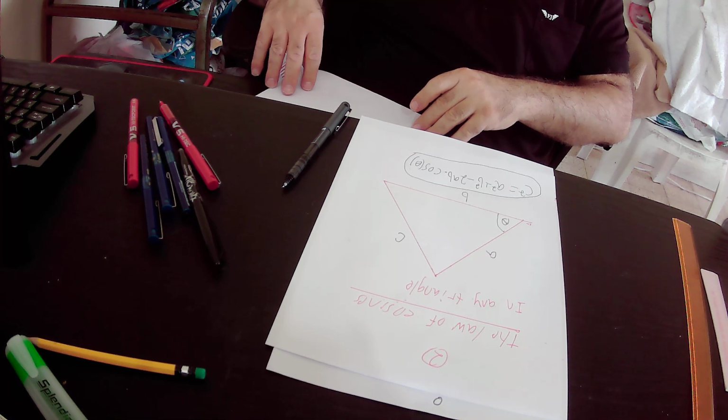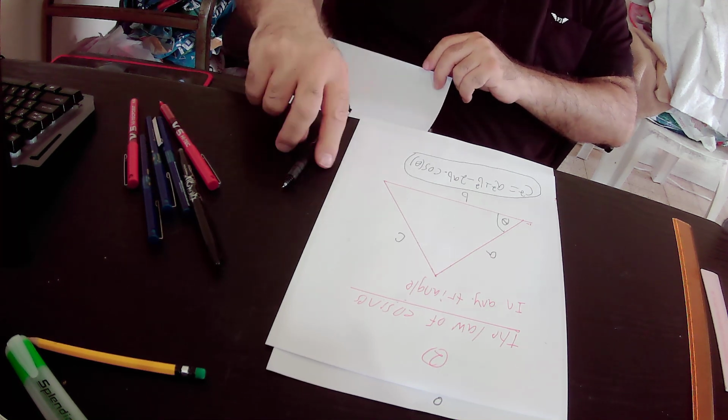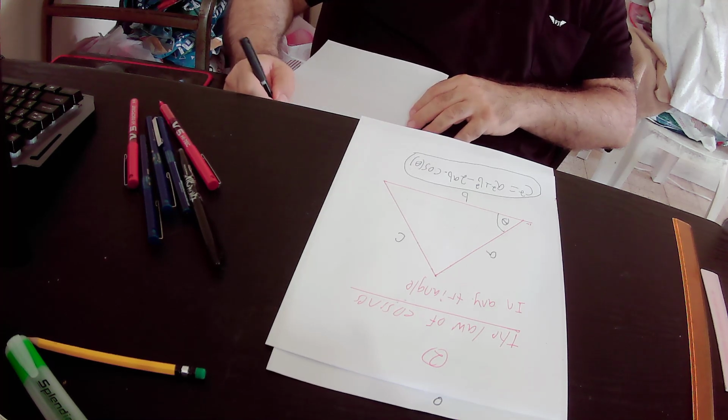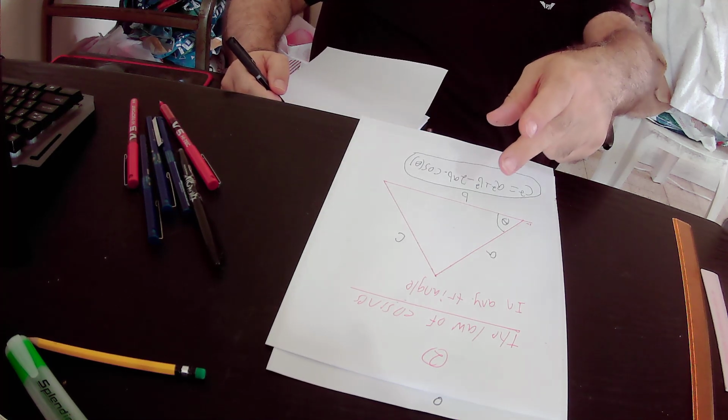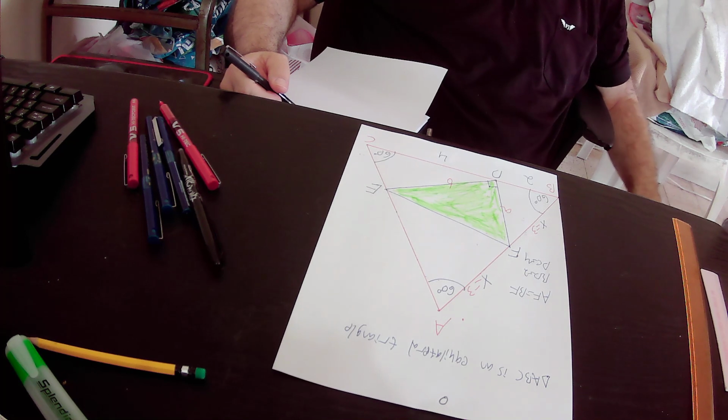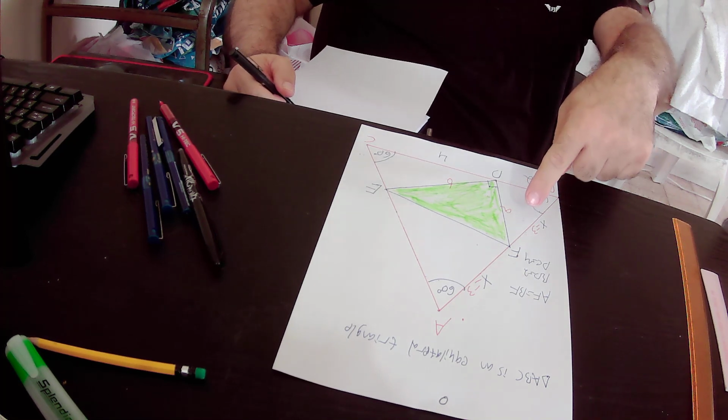So we can implement the law of cosines in the small triangle FBD.